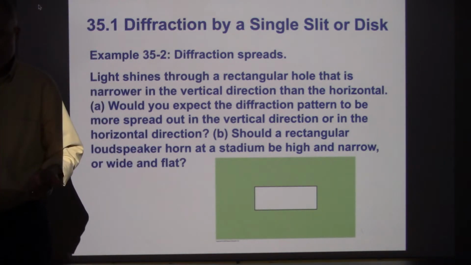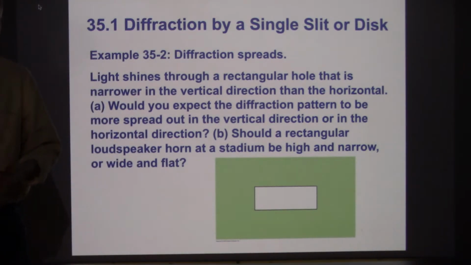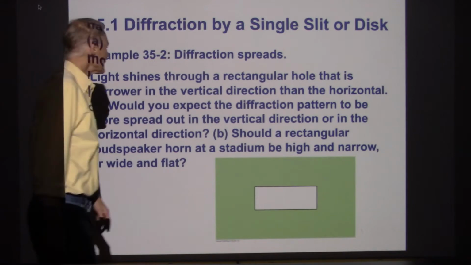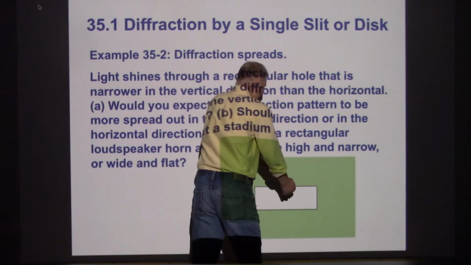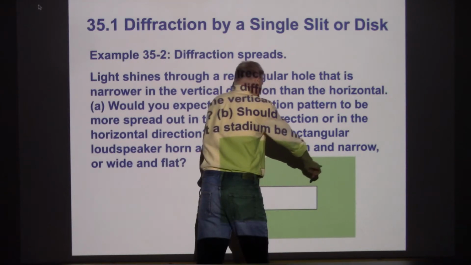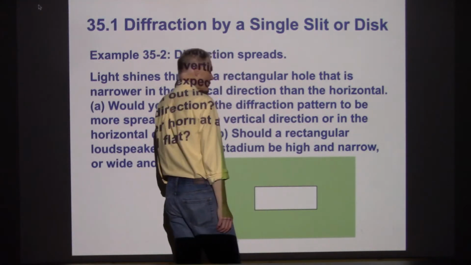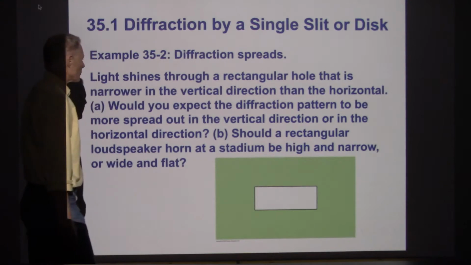And what they're saying is, if we have a loudspeaker at a stadium, where do you want the sound to go? I don't think they do this right. We've got to go back and look at loudspeakers at stadiums, because with diffraction, if I have a loudspeaker that's oriented like this, the wide region should be, I don't know if it's a diffraction effect, I think it's something else.